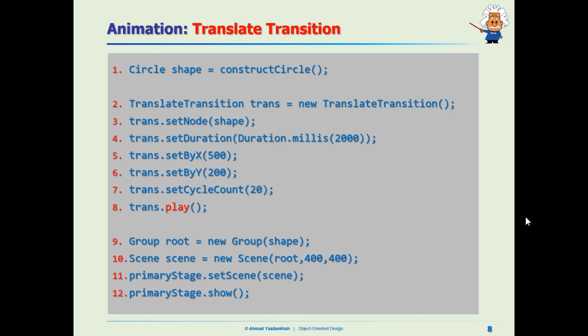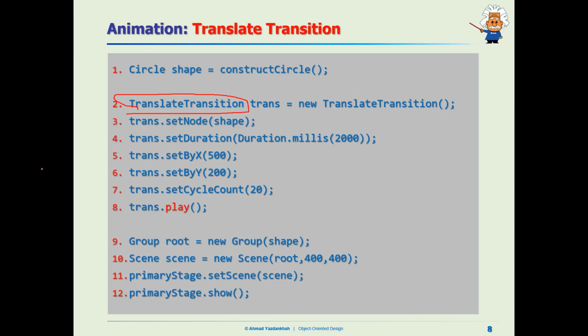And our final demo for the animation is called translate animation. We have almost the same thing, but instead of using rotate or scale, we will use this translate transition.